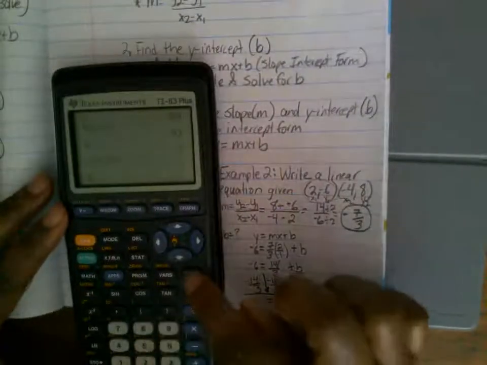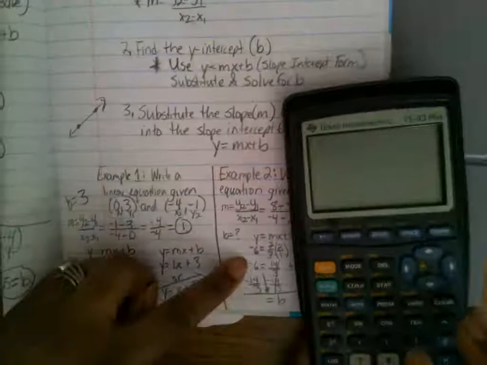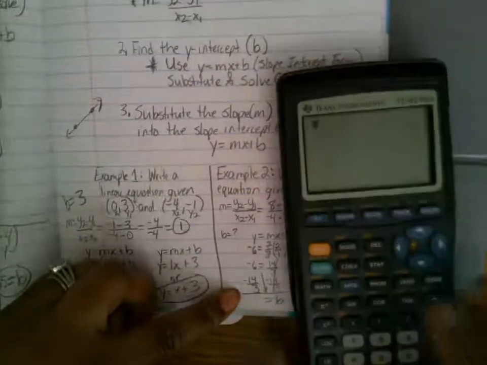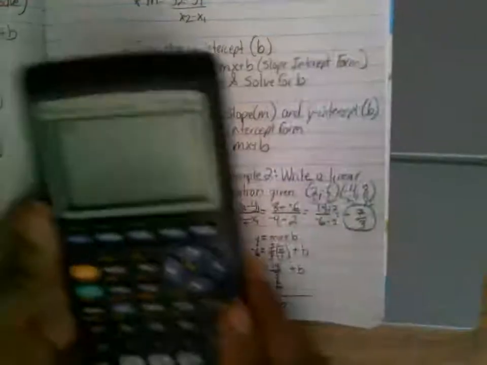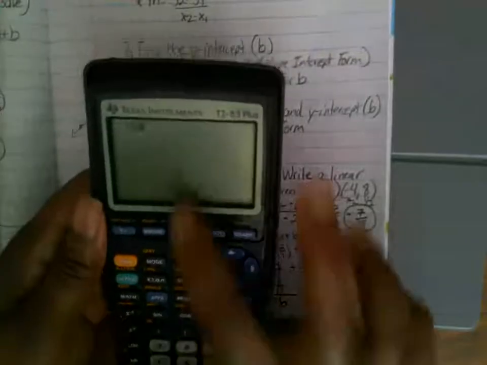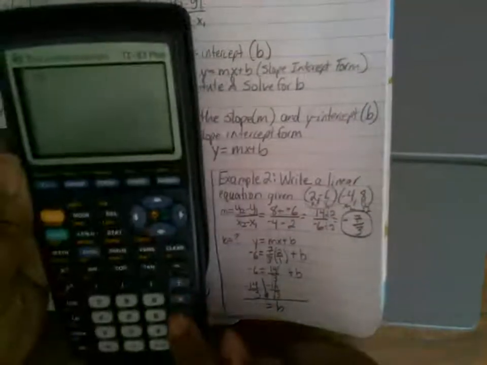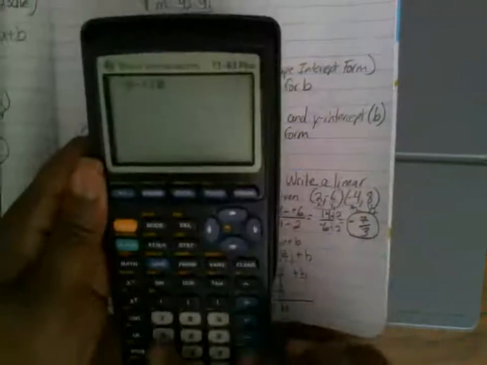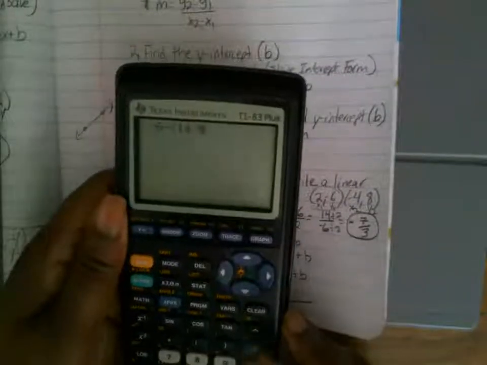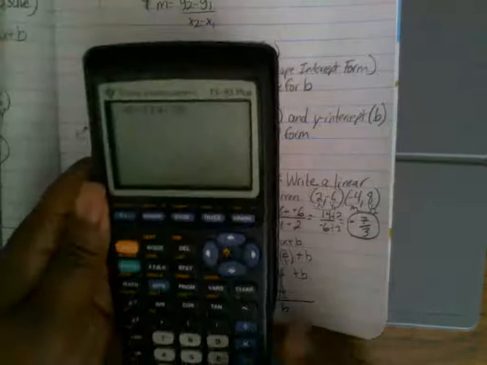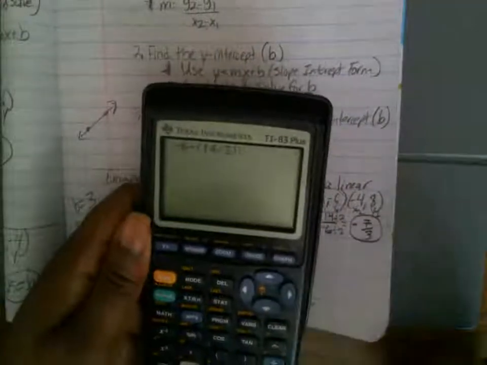And on the other side, I'll show you how you can just type this in your calculator. You can either write this as a fraction or you can write it as a decimal. It doesn't matter. But you have -6 here, minus, and I'm putting in parentheses the fraction, 14 divided by 3. And I close my parentheses.